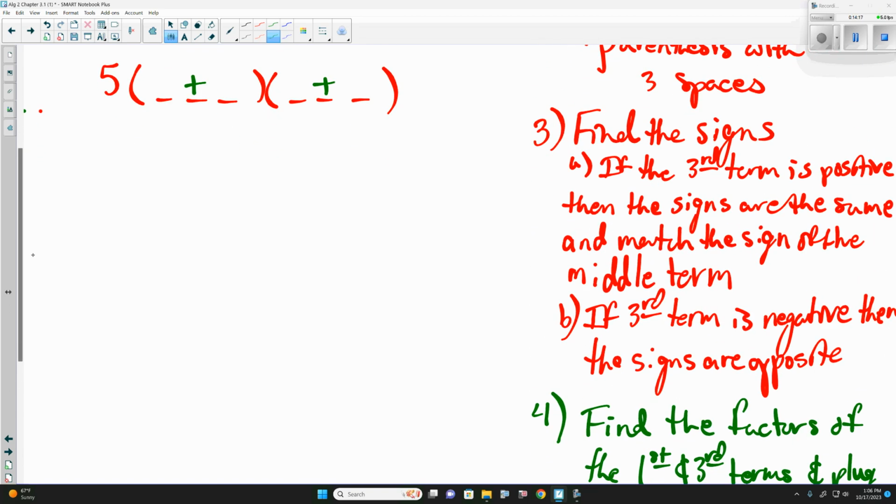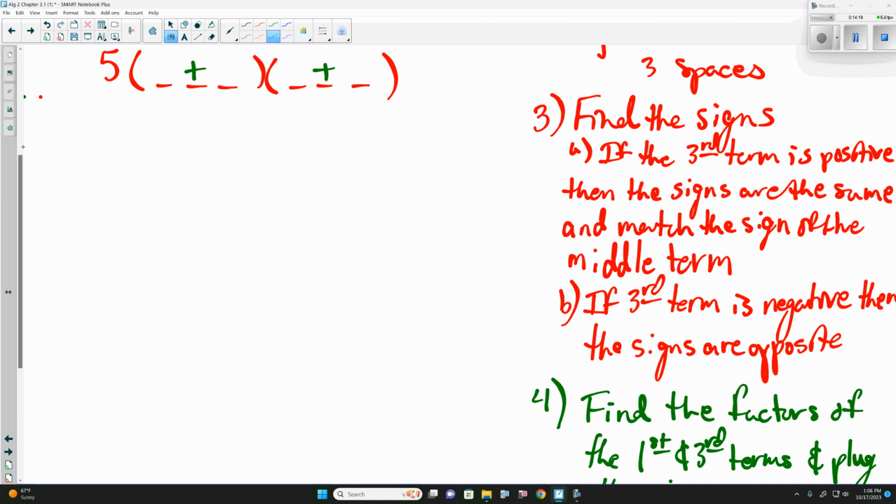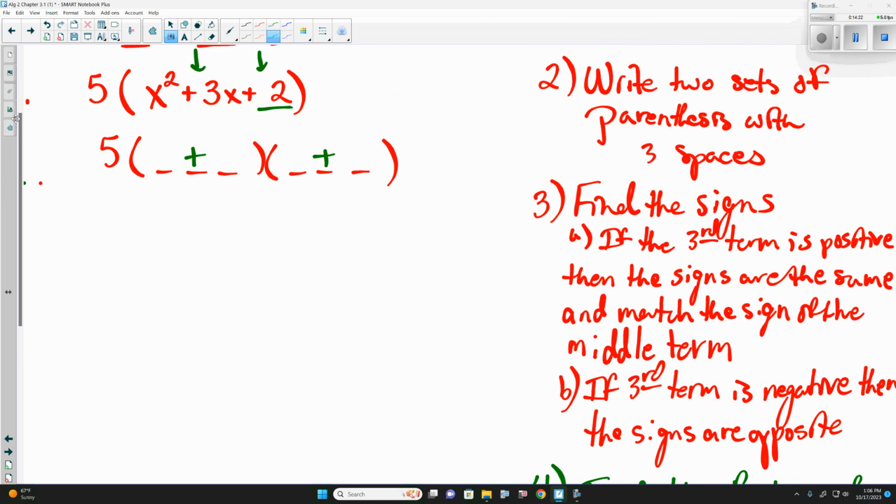Find the factors of the first and third term and then plug them in. And our last and final step is to check.